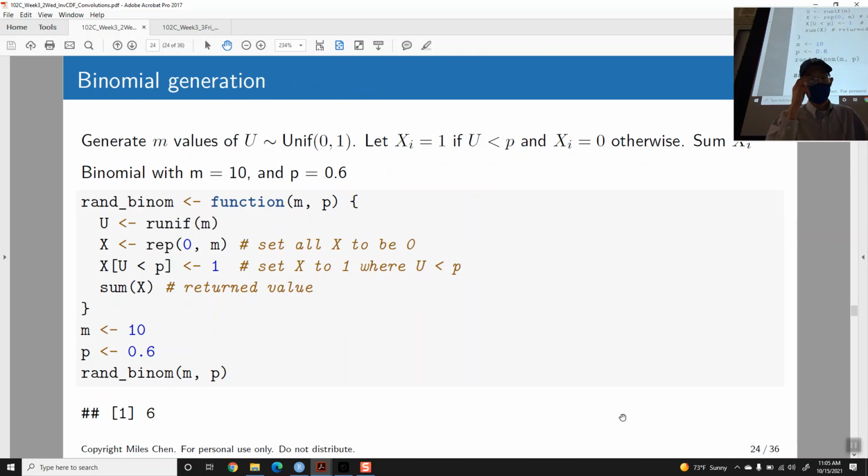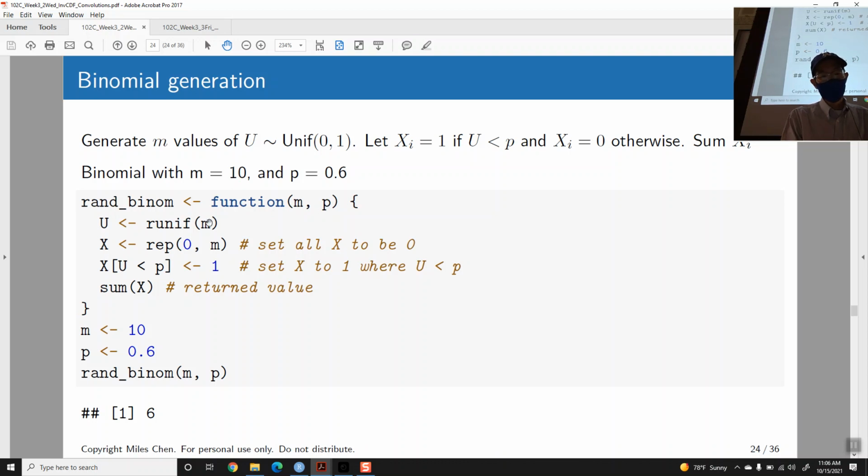If we wanted to do this, there is a random binomial function in R, but here's a very simple function that we could use to generate a random binomial. It will be a function with parameters m and p. This is just going to generate one value of a binomial: size m trials, probability of success p.